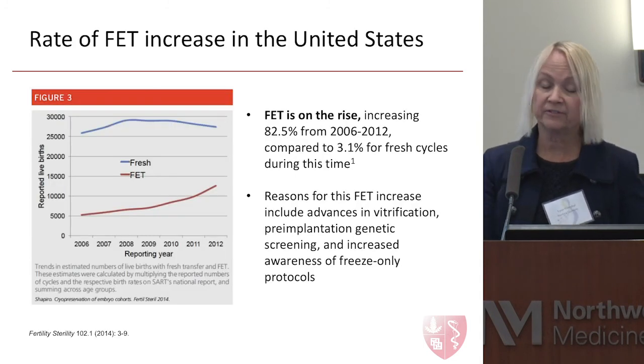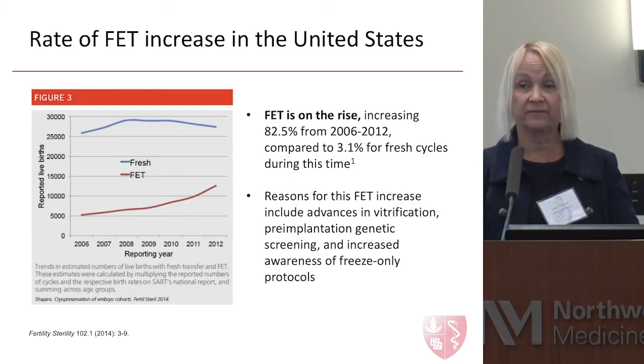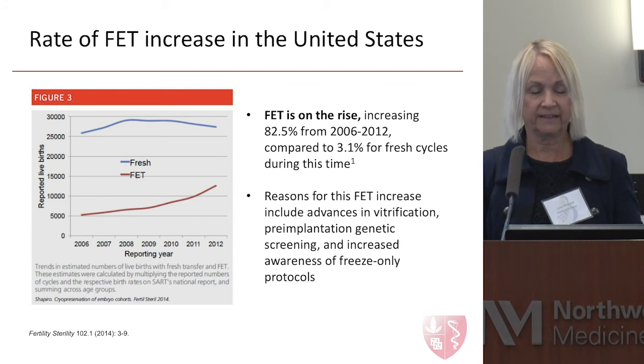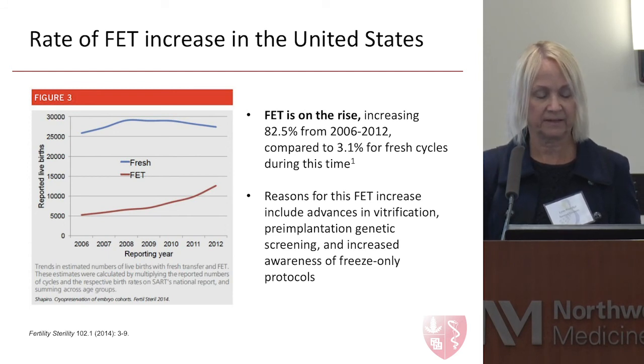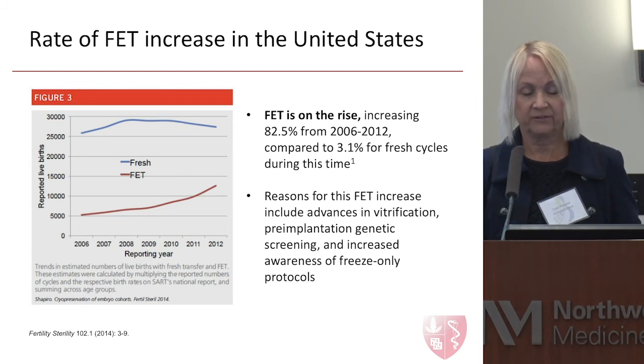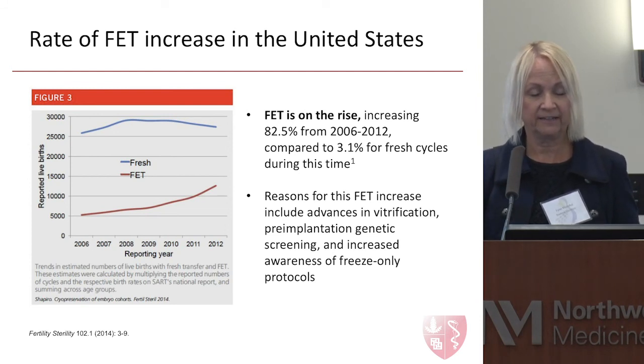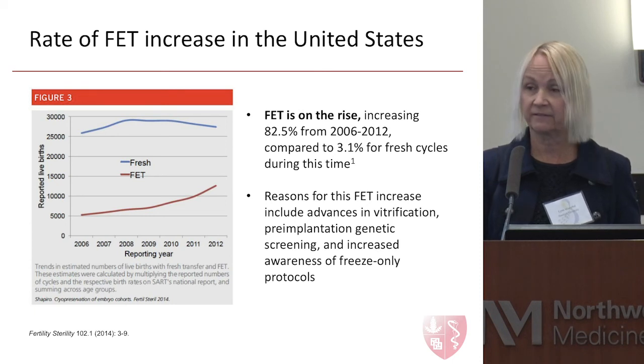So the rate of frozen embryo transfers is increasing very rapidly in the United States. And you can see there's this very nice article that Dr. Shapiro wrote. And from 2006 to 2012, there was an 82.5% increase in frozen embryo transfers compared to 3.1% for fresh cycles.